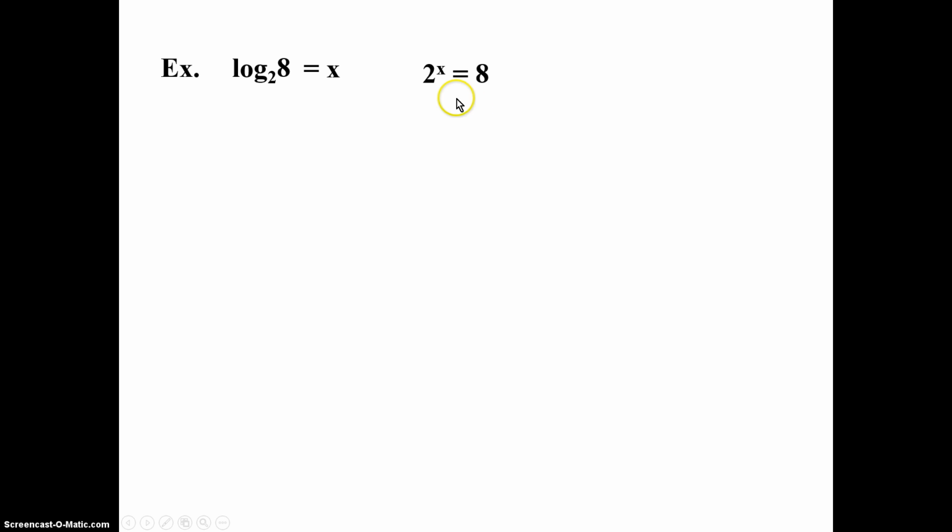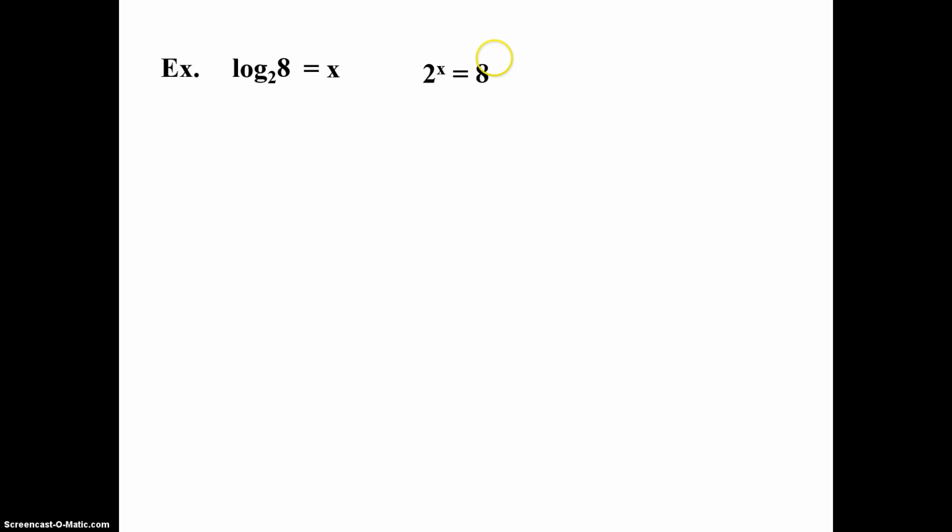Let me ask you, are the bases the same? No, they are not the same. So we have to make one of these sides be a base that is equal to the other. So we're either going to have to make both sides base 2 or make both sides base 8, whichever one is possible. So can anyone see which side we're going to have to rewrite?